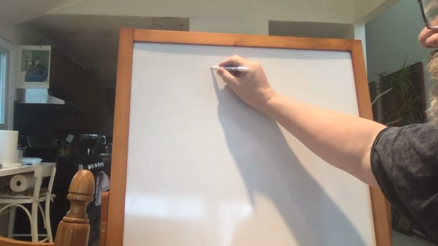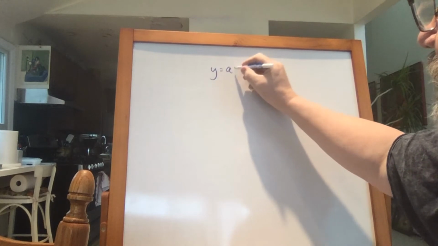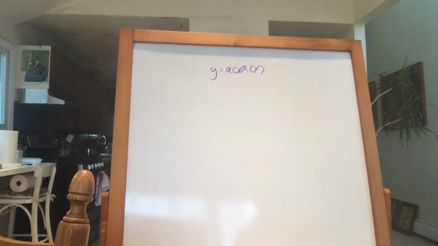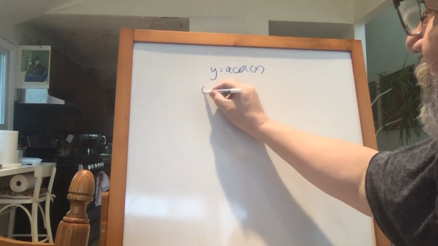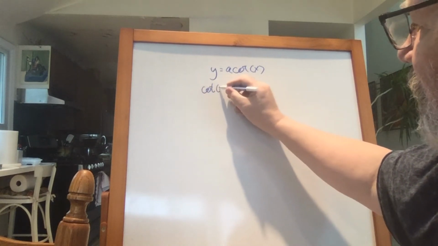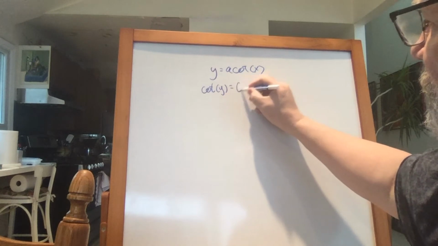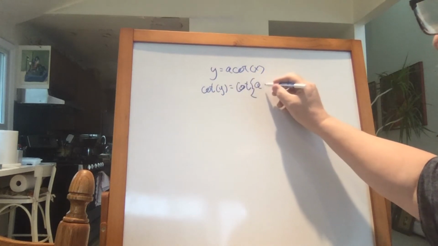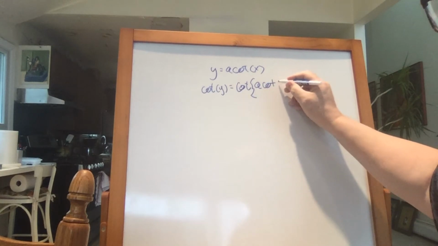This way you have it, the whole litany of trigonometric functions. y equals arc cot of x, and cotangent y equals cotangent arc cot. I'm going to go through the whole thing.